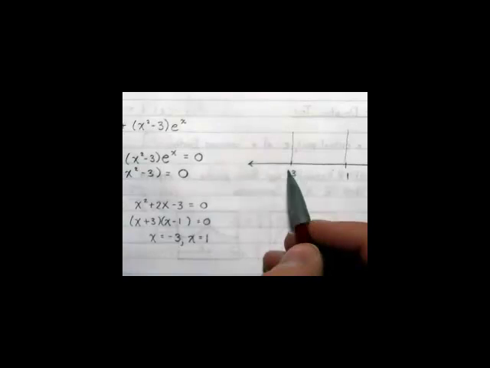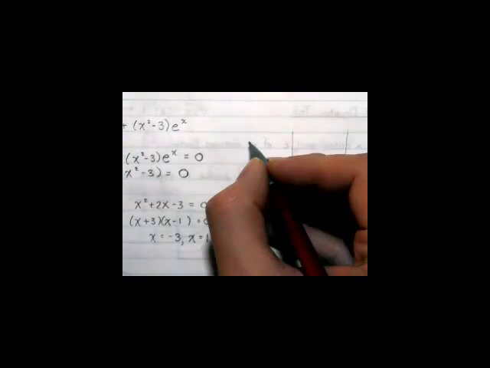Here's an easy thing to remember with this particular one anyway. E to the x. Think about the graph of e to the x. It's always what? Positive, no matter what. So when we do our little sign chart, that's always going to be a plus part of it. So something less than -3 into 2x, positive or negative?